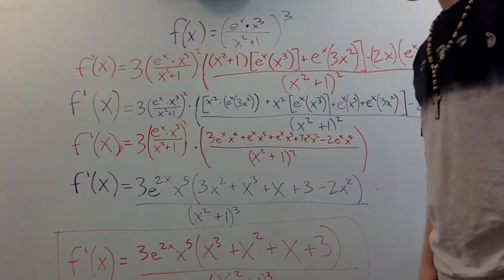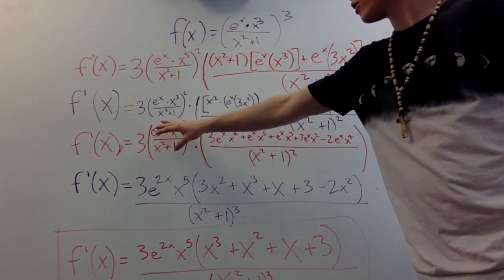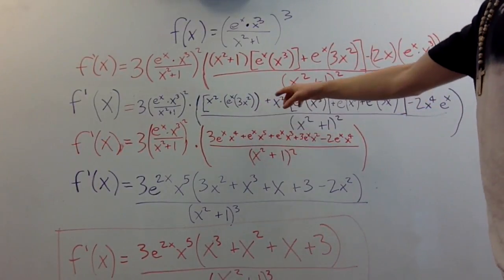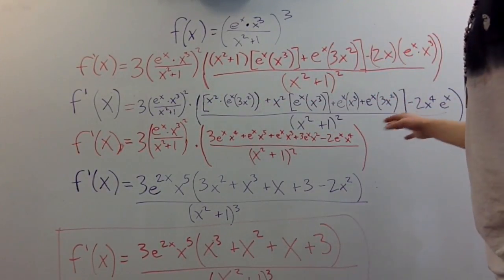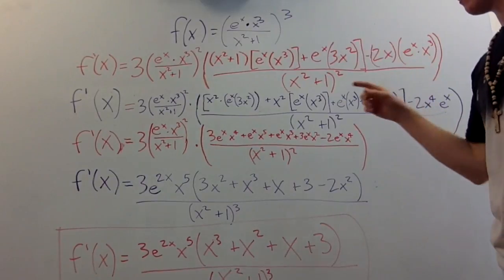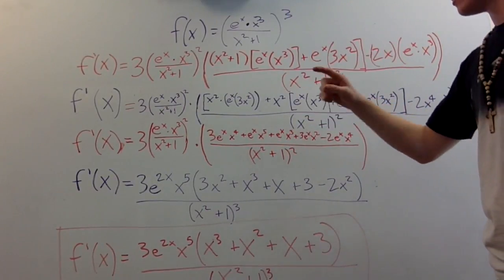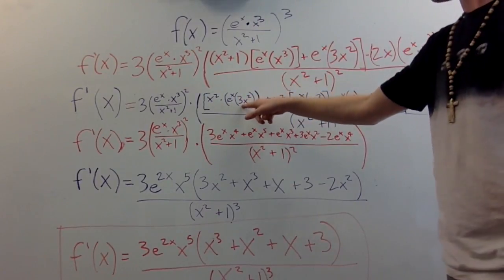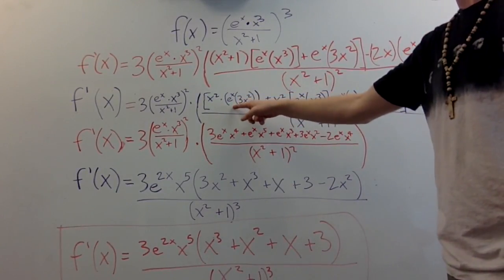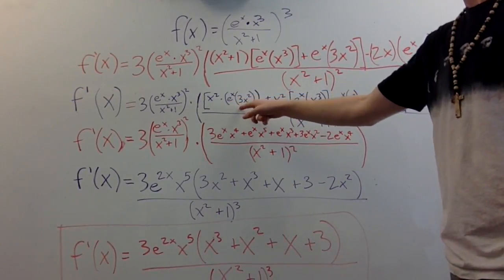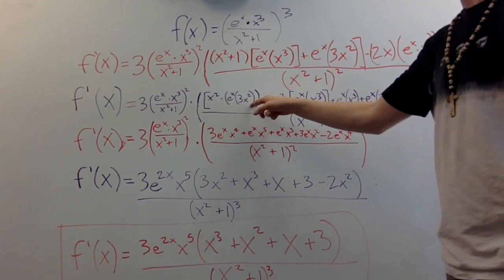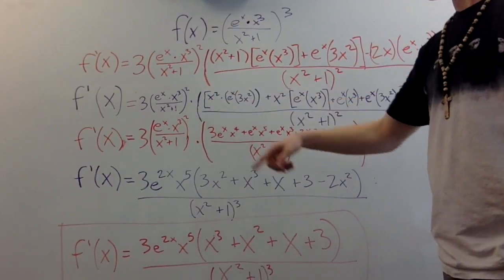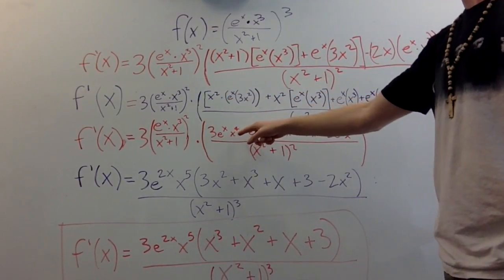Moving on to the next step, once again we're keeping this section here, and then multiplying this, and to find this, we just multiplied it all out. So in this section we have 3 times e to the x, as you can see, multiplying these, times x to the fourth, because we multiply x squared by x squared, so that's 3 e to the x to the fourth.